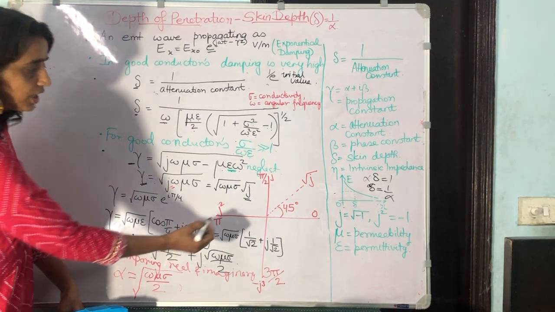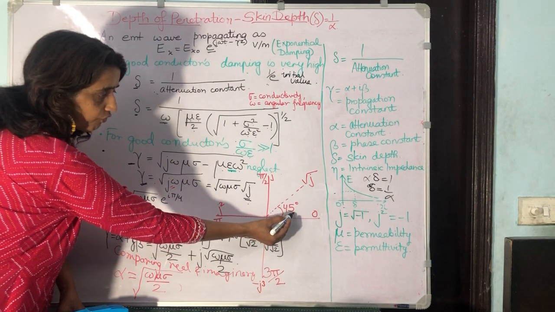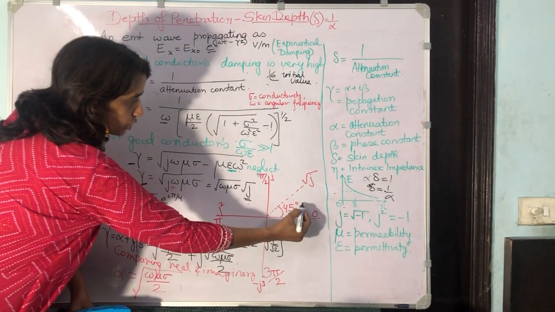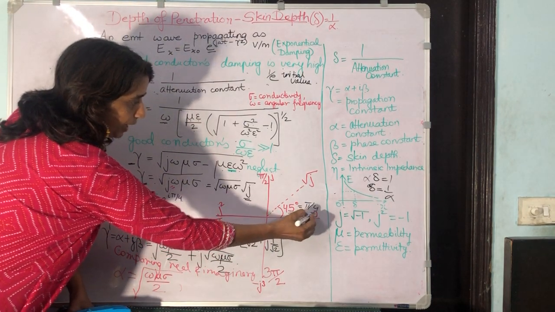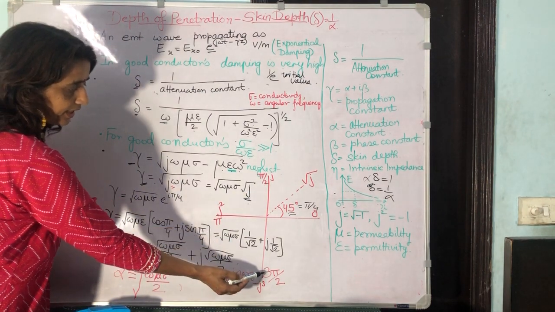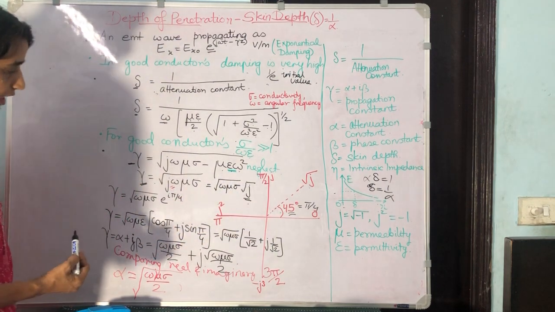So square root of j will be at an angle of 45 degrees, that is pi by 4. Here 45, 90, 180, 3 pi by 2. So square root of j is at 45 degrees.